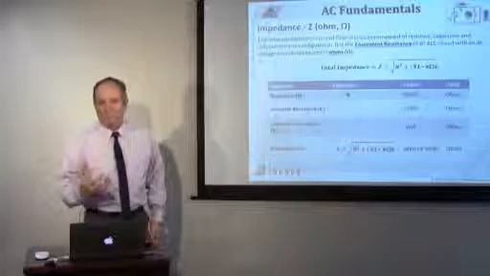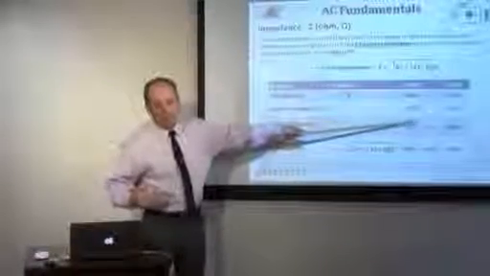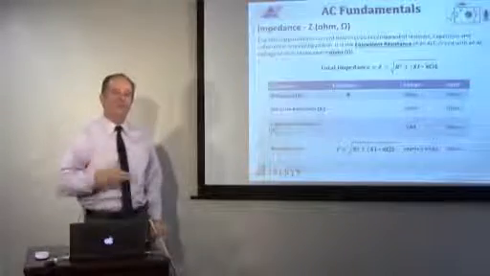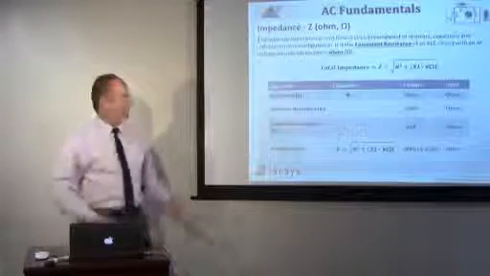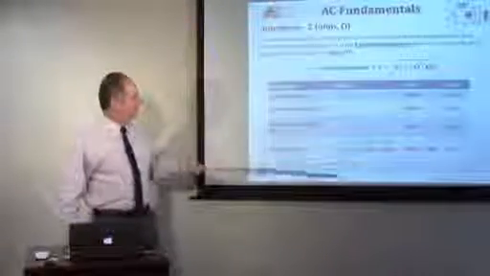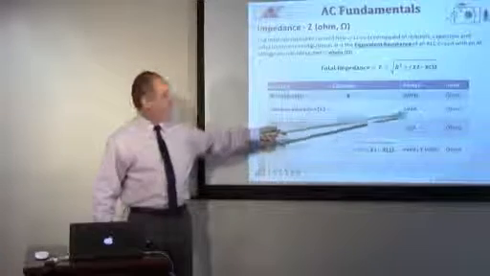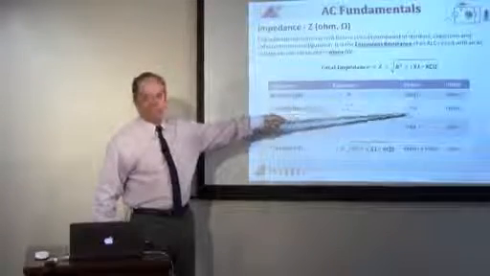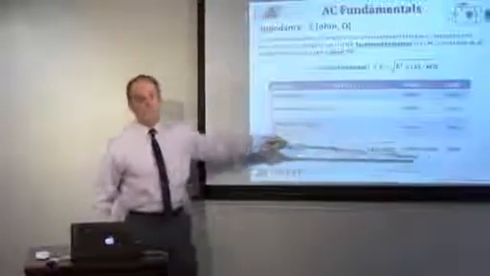VARs is a form of power. It's called voltage times current, VA, volts times amps, reactive. VARs. Now, inductive reactance is positive, and capacitive reactance is negative. So in terms of power, we have watts, plus VARs, minus VARs. In terms of units, they're all ohms.